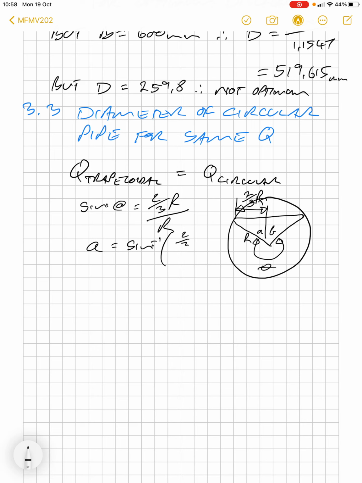So a is equal to arc sine 2/3 r over r equals b.